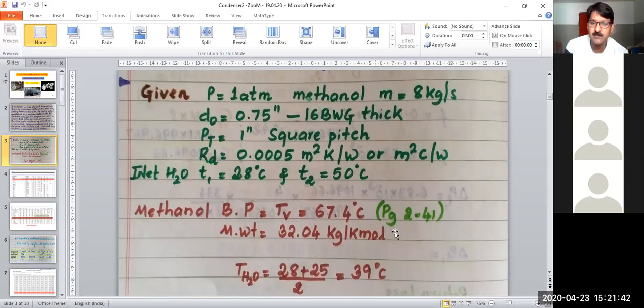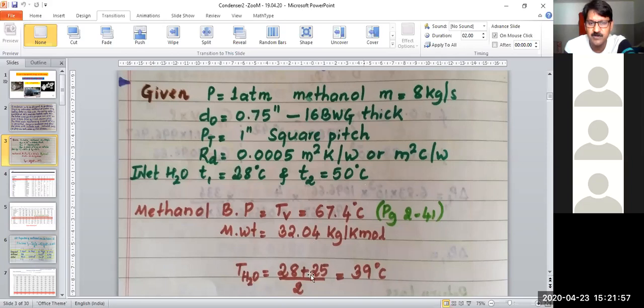This is available on page number 241. I'll show this page. Otherwise, you can check the page in your Perry's handbook if you have it with you. The corresponding molecular weight is 32.04, which is also available in Perry's handbook.